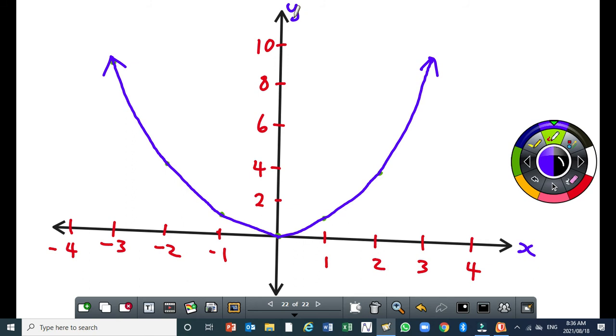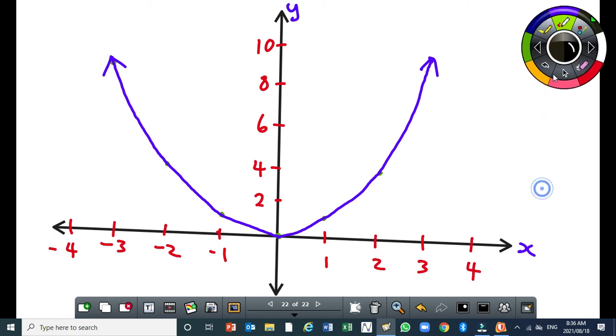Okay, now on this graph, we have to state its domain, its range, the turning point, and the equation of axis of symmetry for the graph. Let me start with the domain.